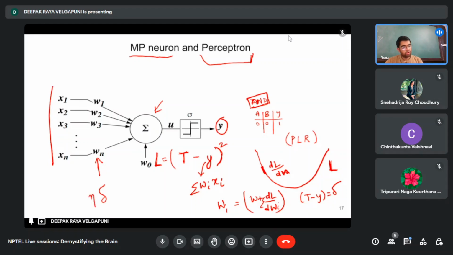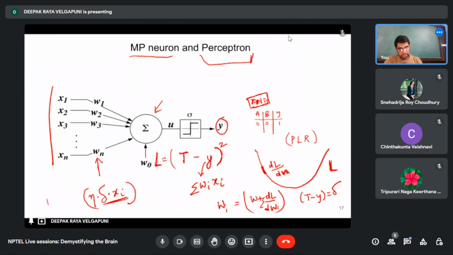You don't want to move completely there, so you give some scaling factor, eta, that decides how much you want to move down the slope, times xi. When you differentiate this, you exactly get delta xi, where delta is nothing but target minus actual output. This error you backpropagate and learn.